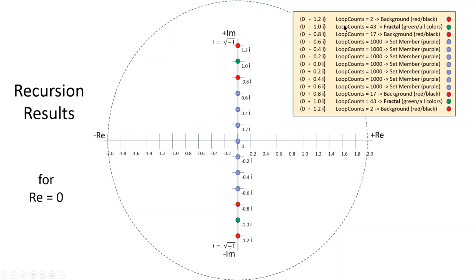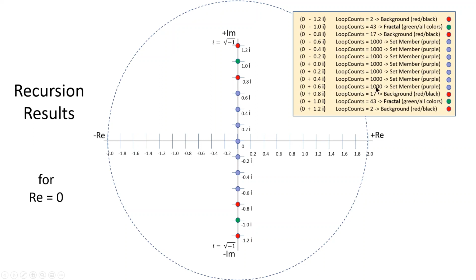The recursive equation comes back and tells us that this one, which is this point right here, has 2 loops, and it qualifies as a background point, a red point. This one has 43 loops, and it's a fractal. It's green. This one is red, only has 17 loops.